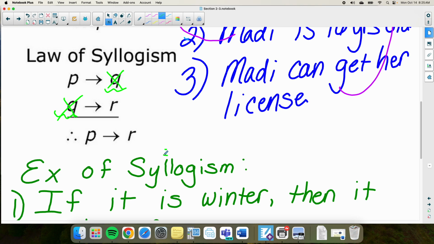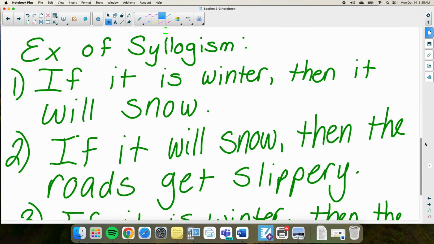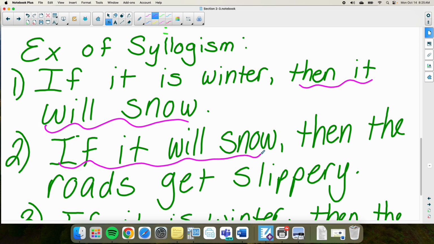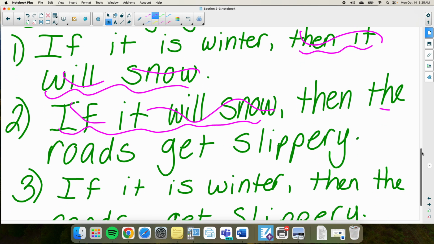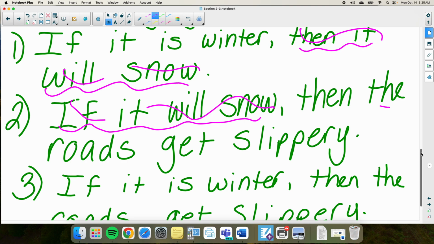So if I look at my example down here, it says, if it is winter, then it will snow. Here's the second part of the first statement. If it will snow, now are these two saying the same thing? Right? They are. So you cross that out, and your final thing is going to be, if it is winter, then the roads get slippery.